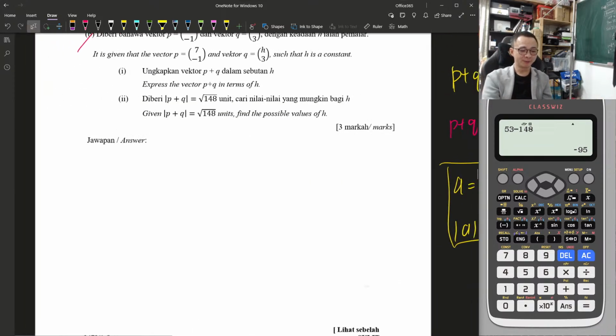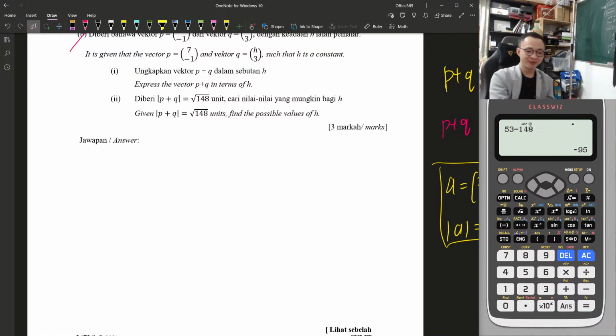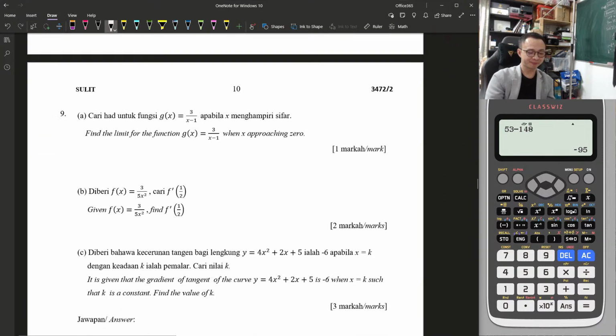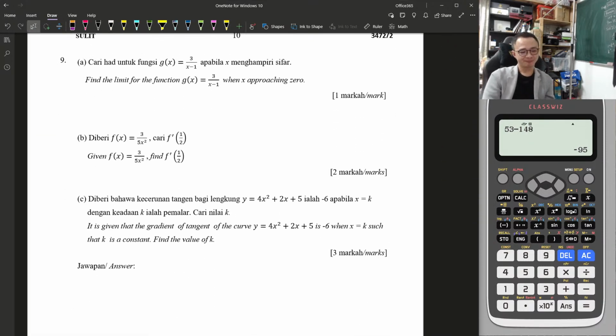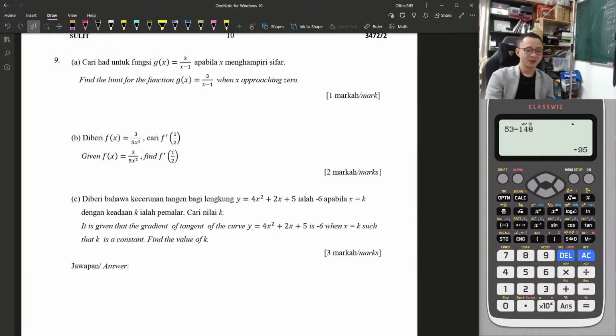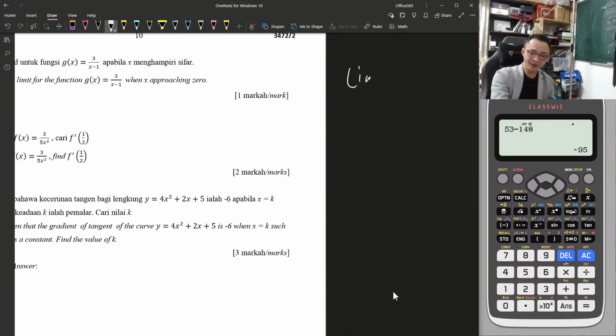Alright, so we are done with this question. Good. Number 9. Find the limit of this function when x approaches 0. So therefore, I will take the limit as x approaches 0 of 3 over x minus 1.